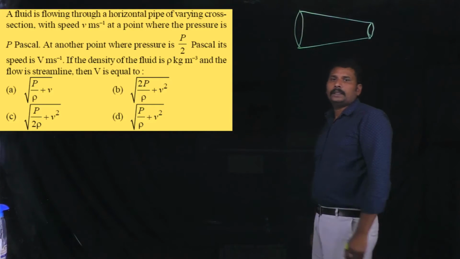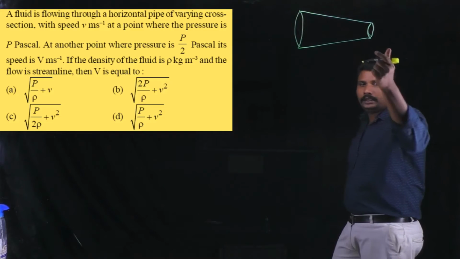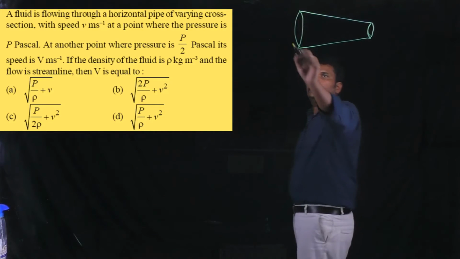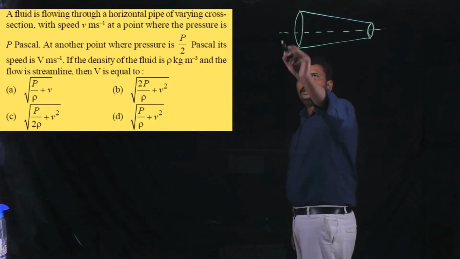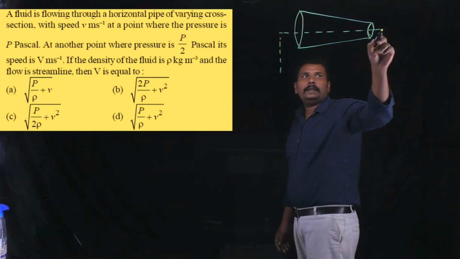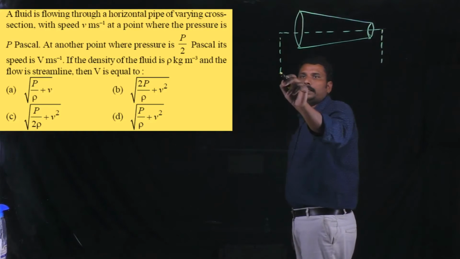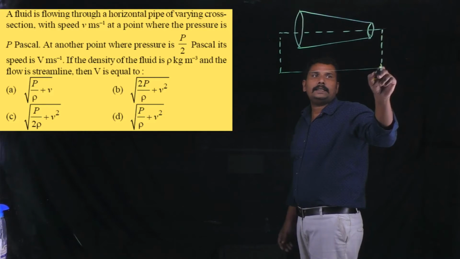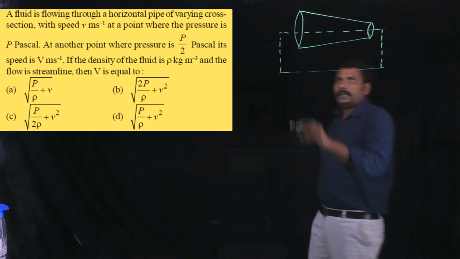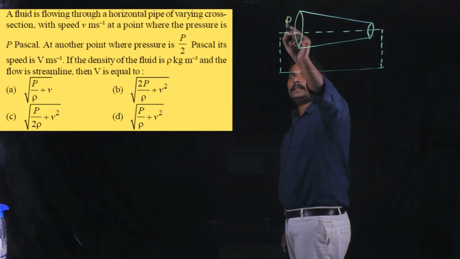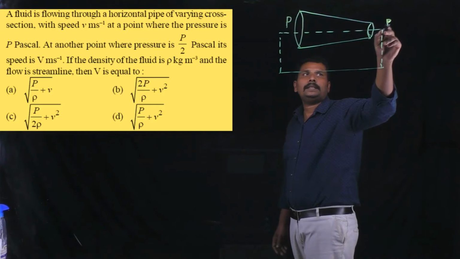Okay, this is one point and this is another point, and the horizontal pipe is at the same level, both its ends are at the same level from the ground. Here the pressure is P Pascal and here the pressure is P by 2 Pascal.